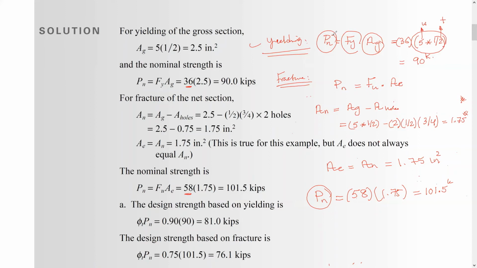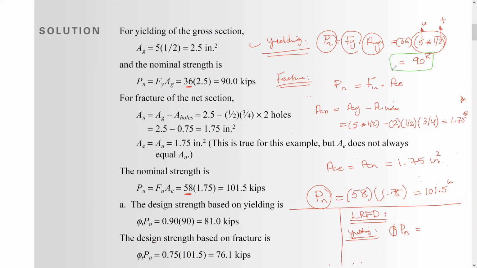And right now, we need to use the LRFD method for yielding and for fracture. So for the LRFD method, let's take yielding, which is equal to phi times the nominal strength. You will see that for yielding, the nominal strength is equal to 90 kips.